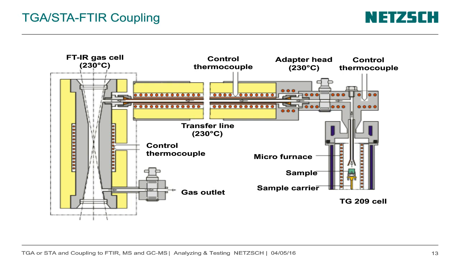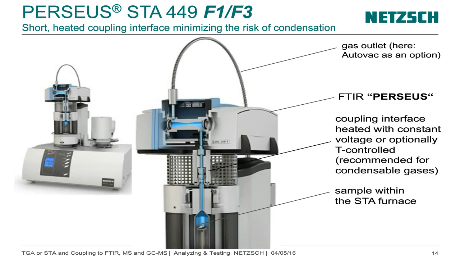For the last 4 years, it has also been possible to couple a small FTIR spectrometer directly to the furnace. This is seen here. We have the furnace of the STA in the middle, where you can see schematically a sample in the furnace. Then we have a short transfer part to the FTIR measuring cell.